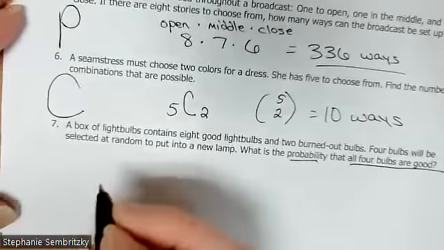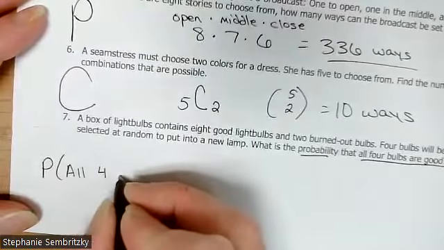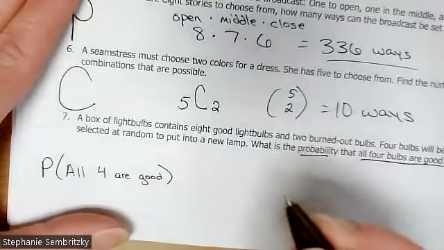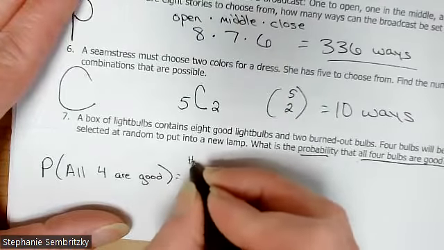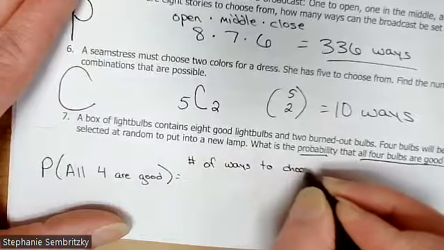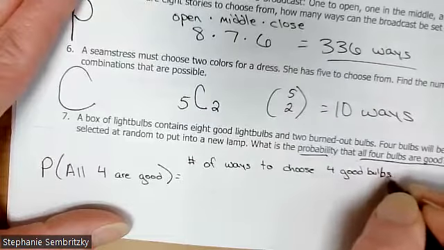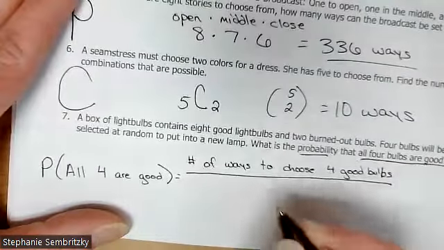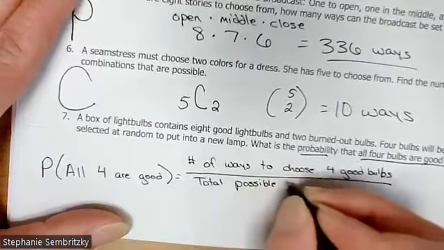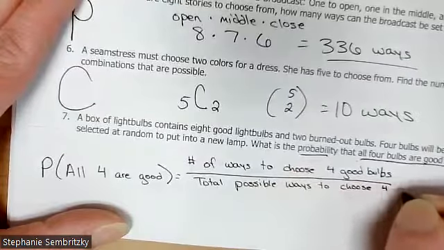So if we're trying to find the probability that all 4 are good, what we have to do is figure out the number of ways to choose 4 good bulbs out of the total possible ways to choose 4 bulbs.